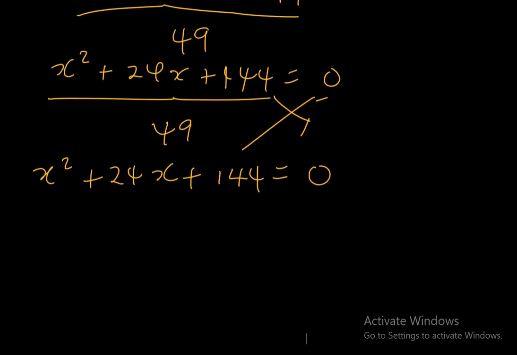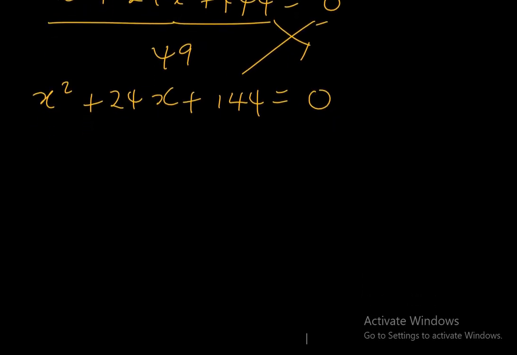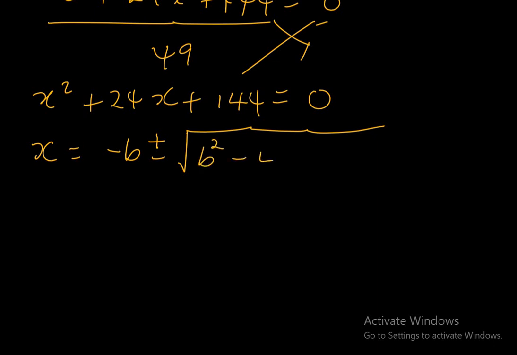Now we solve for x using the quadratic formula. Remember, the quadratic formula is x equal to minus b plus or minus root b squared minus 4ac, now divide everything by 2a. Remember what we need to do.